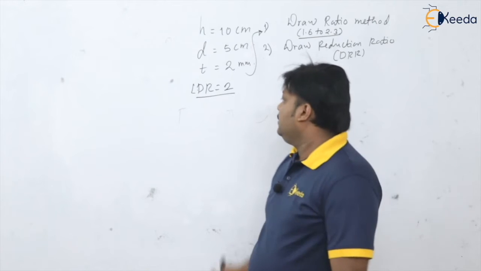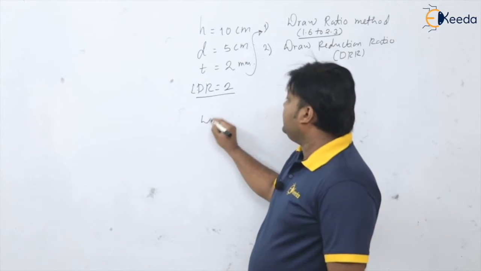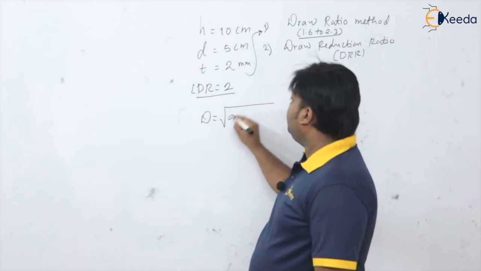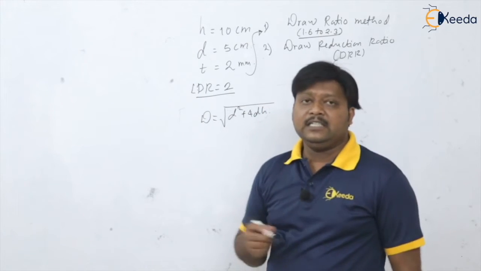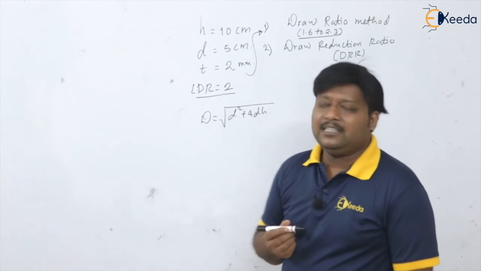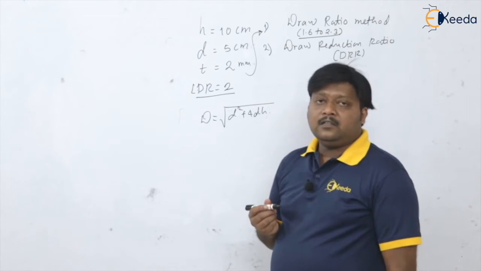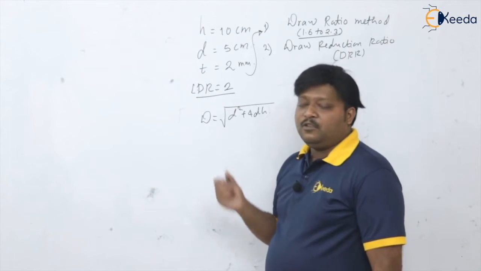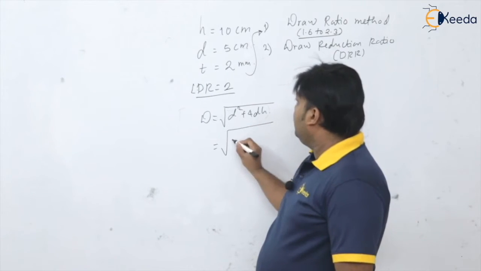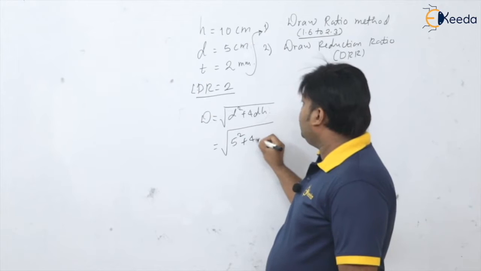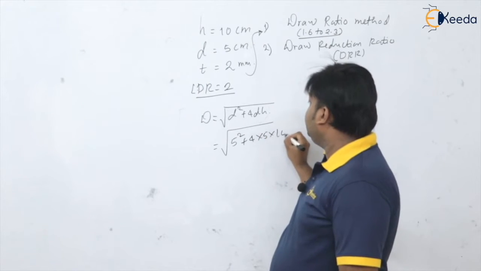Okay, so let us first calculate the blank size. How to calculate? Under root of d square plus 4dh. We know that here the corner radius is neglected, so nothing to find out for the d by r ratio. So d is how much? Root of 5 square plus 4 times 5 times height, which is 10.